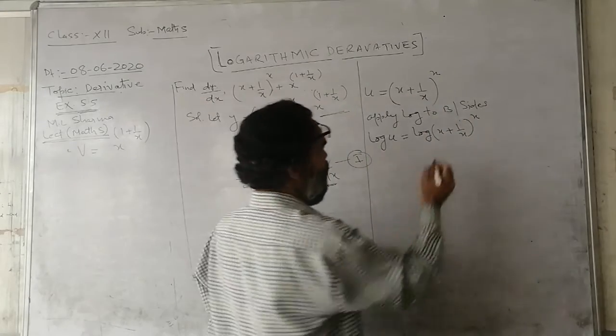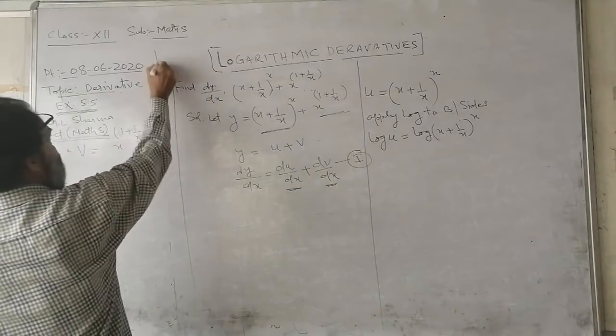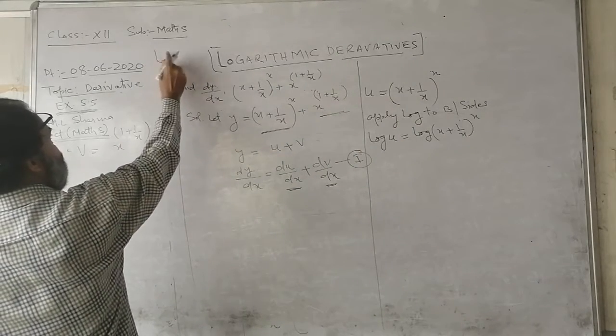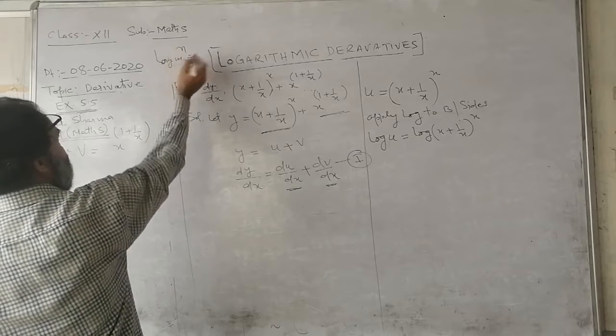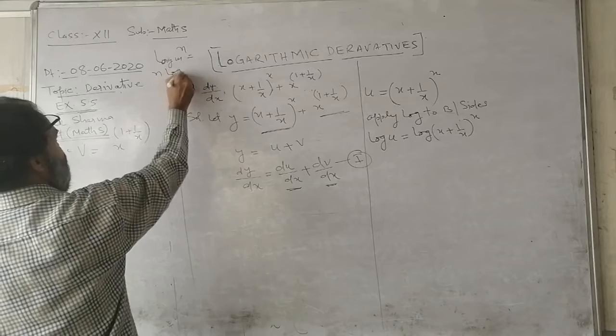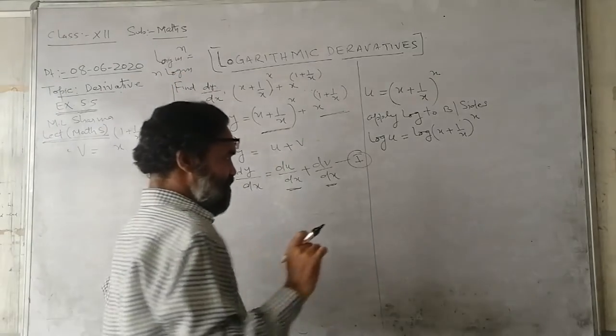So I have a formula with me. The formula is log m raised to power n is n log m. The same formula was used in previous questions.